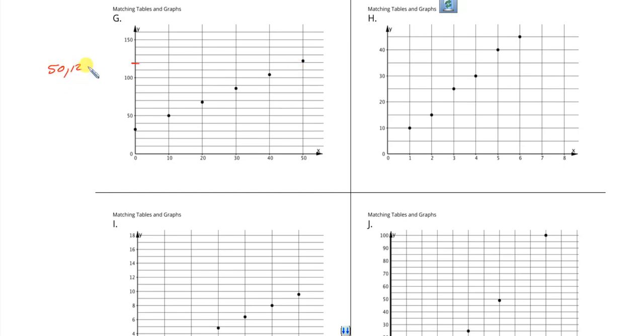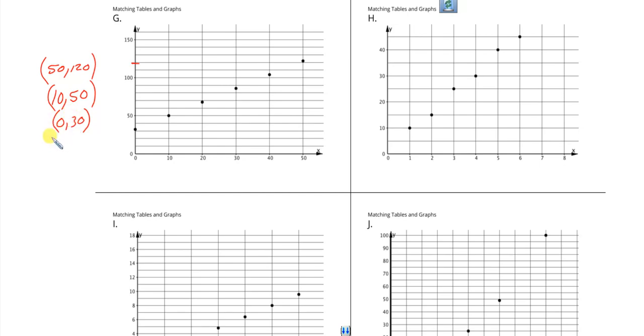I've got a 120 ordered pair, roughly. I've also got another ordered pair right at 10. I've got 50, pretty close to, not exactly, but at 10 it's about 50. And I've got another one when X is 0. This looks to be about 10, 20, 30. So 0 and 30-ish. So I'm looking for some ordered pairs that fit that mold.